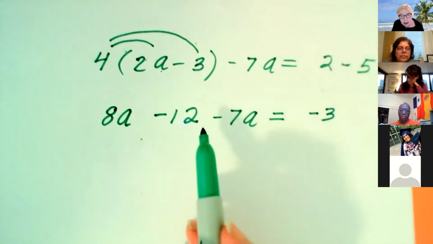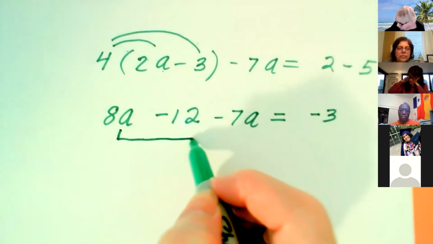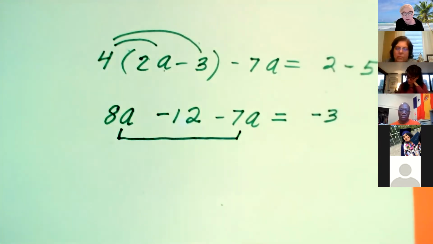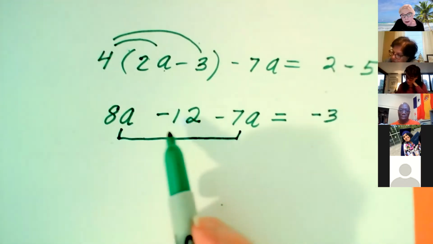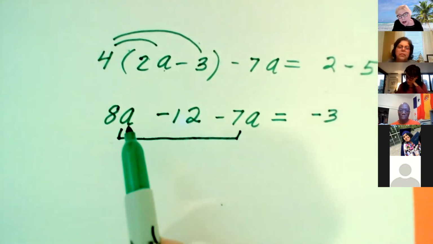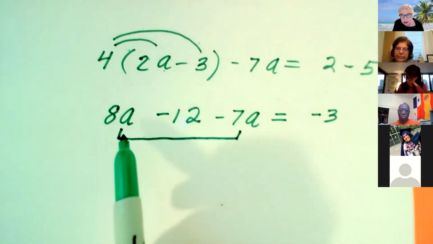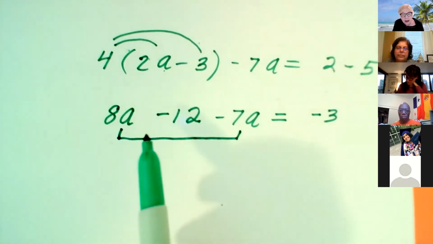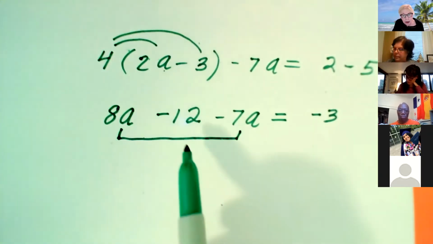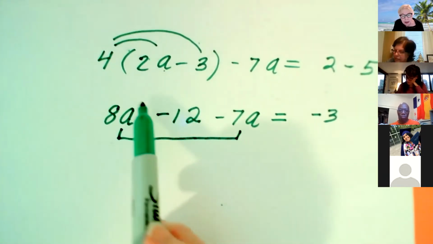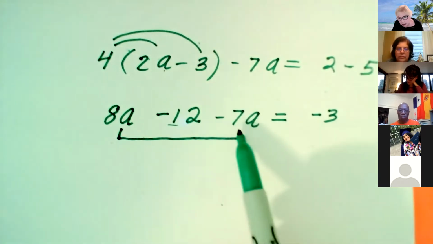So my right side is perfect. My left side needs improvement. This is identical to the last problem, where I have 1, 2, 3. Notice how I even put little spaces between the 3 terms. It's just out of habit. The book might have them all in a row, but I tend to space them so I can see that's the first, that's the second, that's the third.